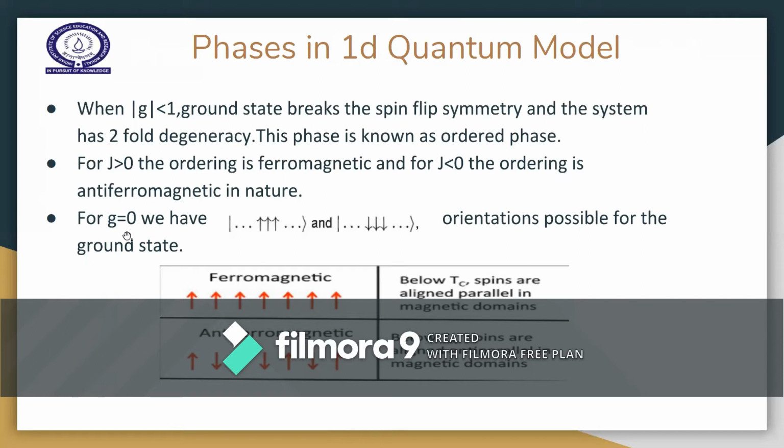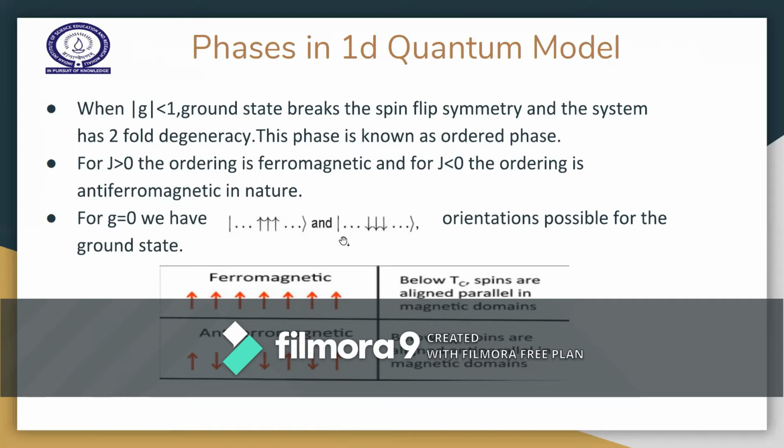For g, we have this limit, |g| less than 1. So let's take the value of g to be 0. For g equal to 0, we have two kinds of orientations possible for the spin particles present at the lattice sites. One is ferromagnetic.